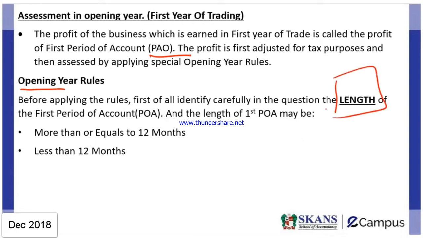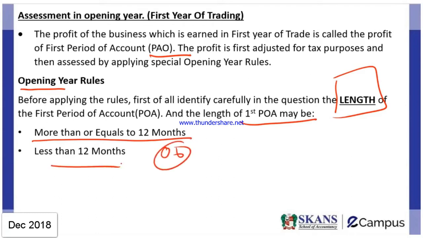Maybe the length of the first period of account is more than or equal to 12 months, or less than 12 months. The primary objective is to identify the length of the period of account. It may be equal to or more than 12 months, or it may be less than 12 months. This is the primary test we have to apply in every opening year rule question.